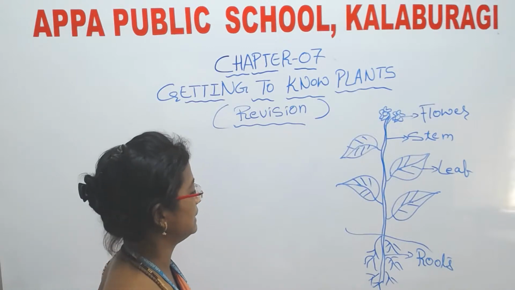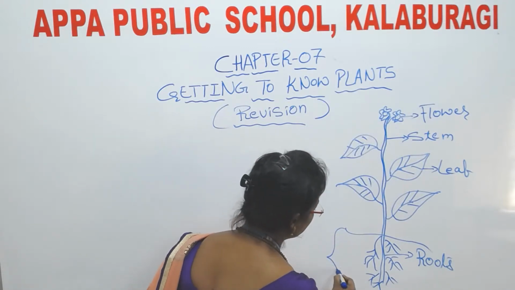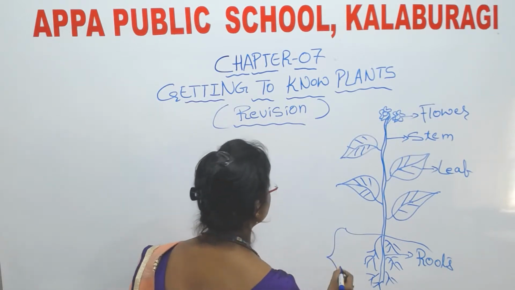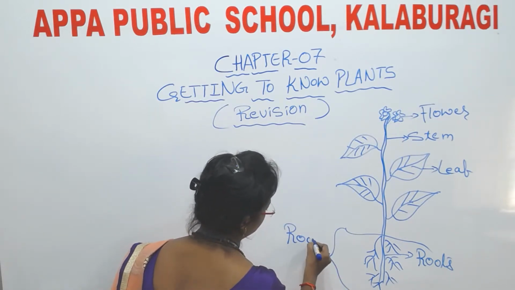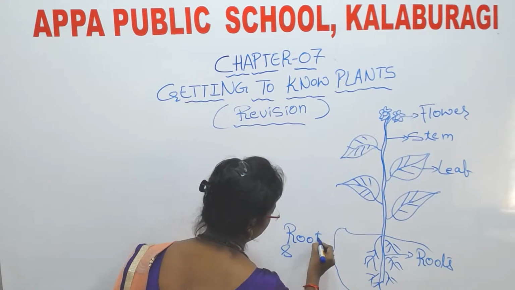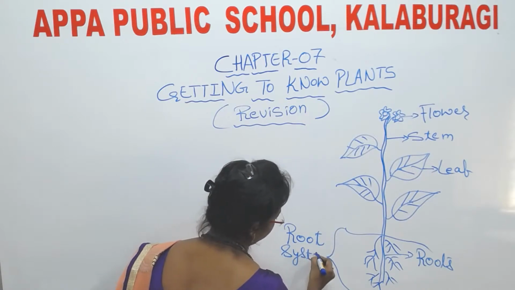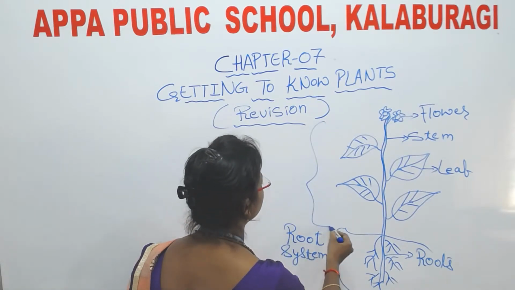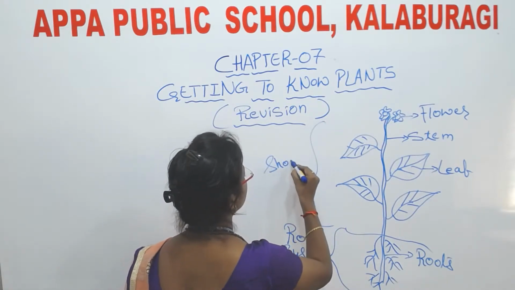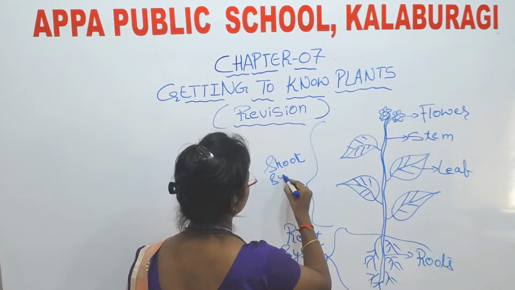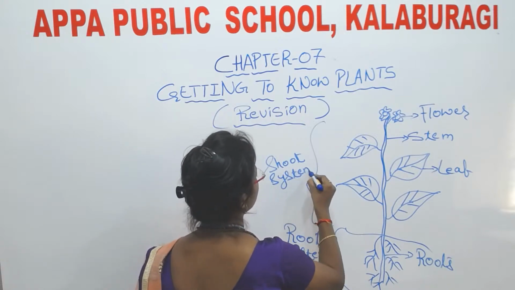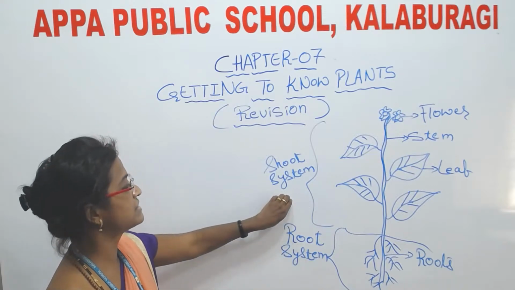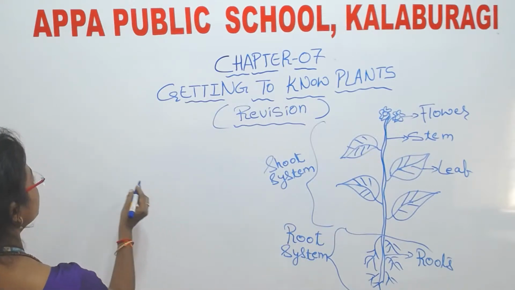As I said earlier, the part of a plant which is below the ground is called the root system, isn't it? And the part of a plant which is above the ground is the shoot system. Okay, so this is root system and this is shoot system. So let me write here.